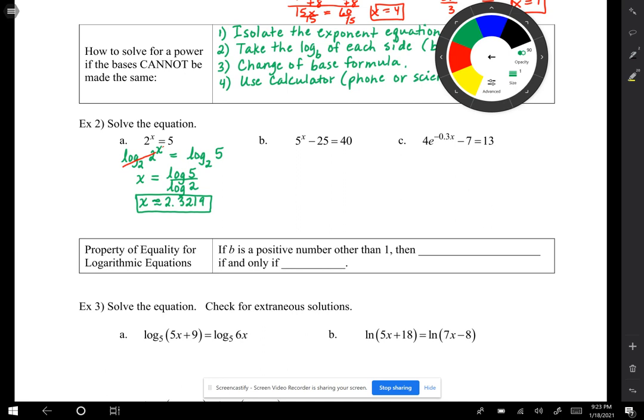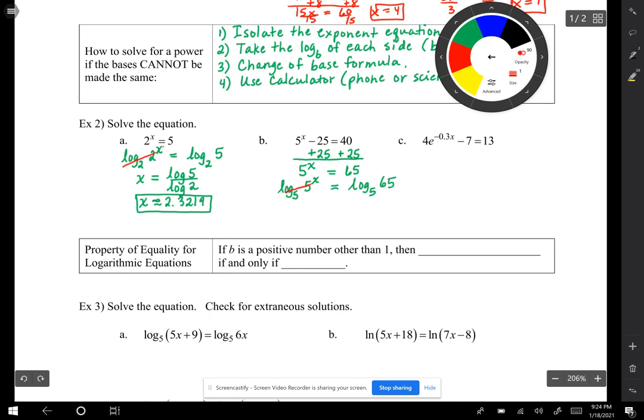Okay. For the next one, add 25 to both sides because you want to get the 5 to the x alone. So you have 5 to the x equals 65. You can't divide both sides by 5 because 5 is raised to an exponent, but you can take the log base 5 of both sides. So take log base 5, because 5 is the base in 5 to the x, of the left side of the equation, and then do the same thing to the right side.